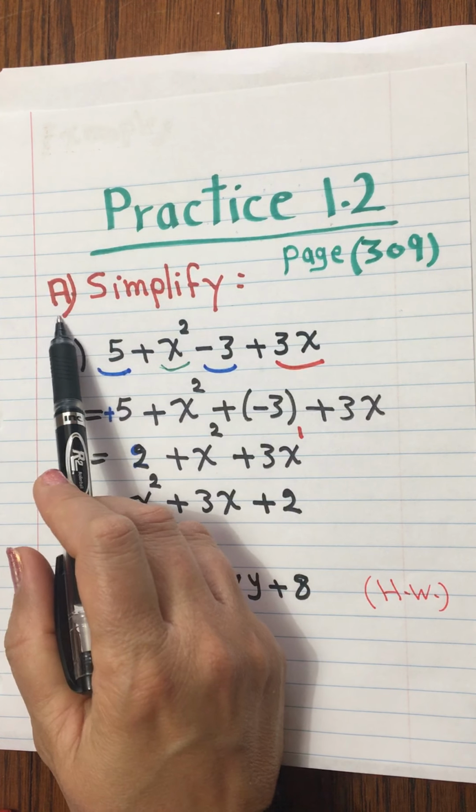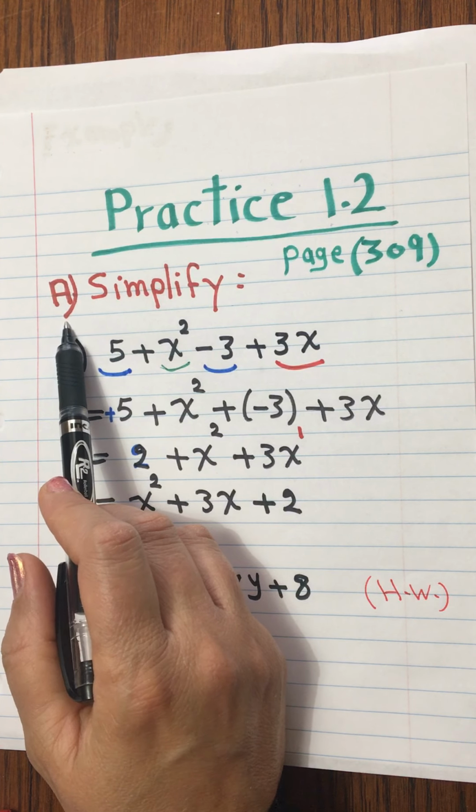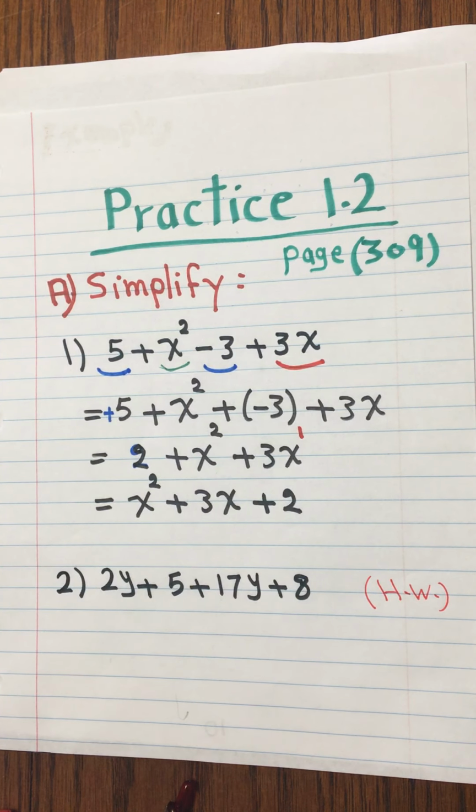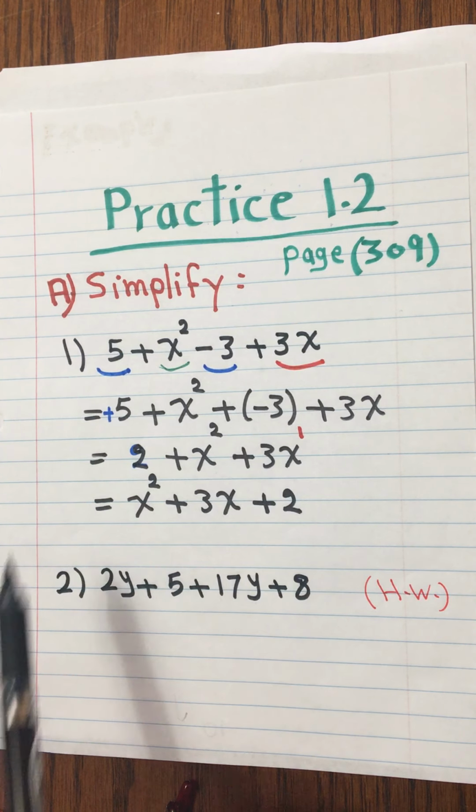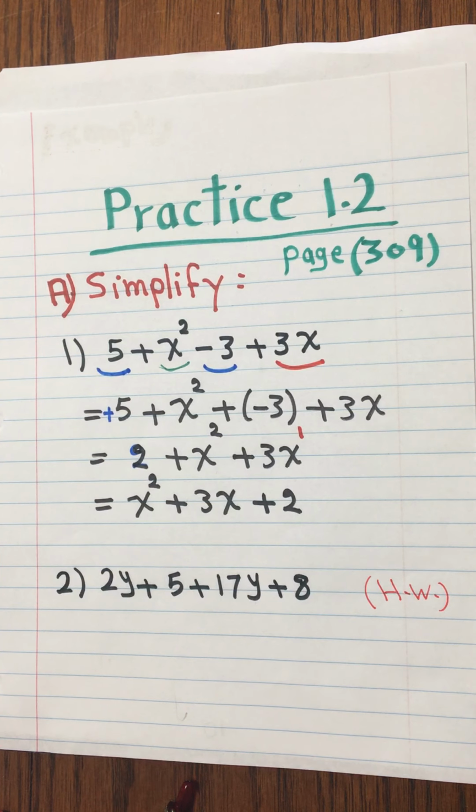So number 1 has A, B, and C. A has 10 questions, then there is B, evaluate, and there is another, C.